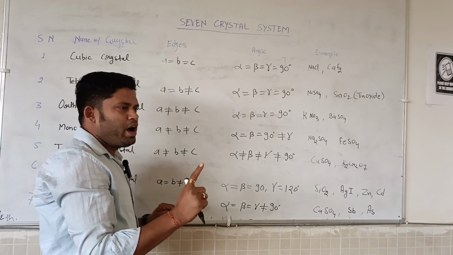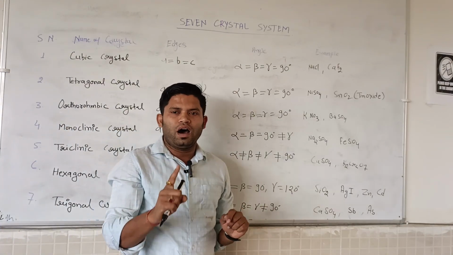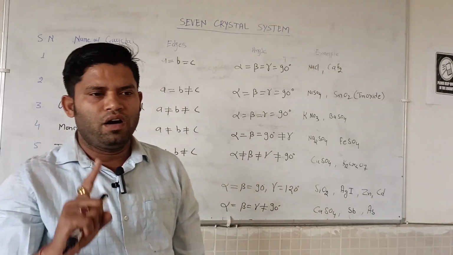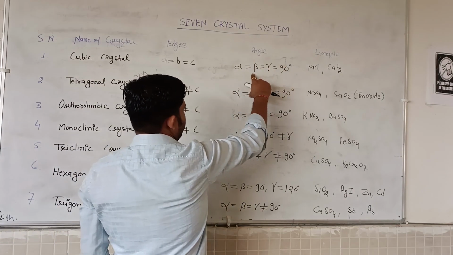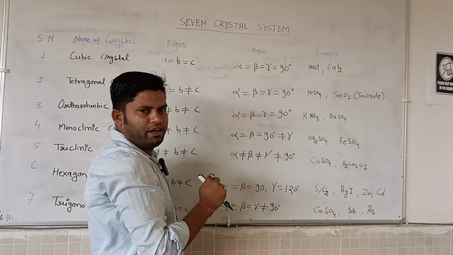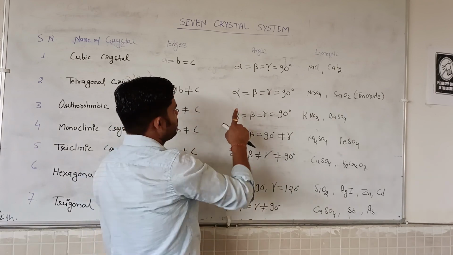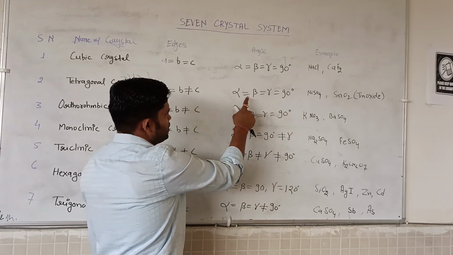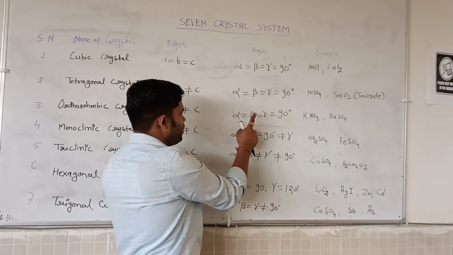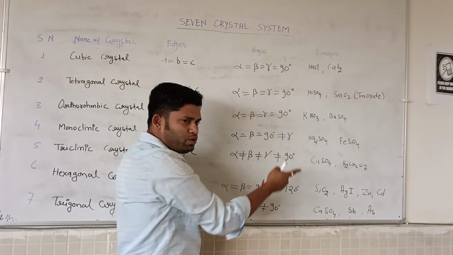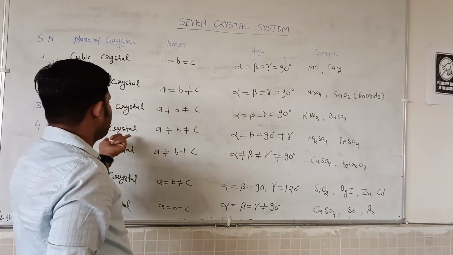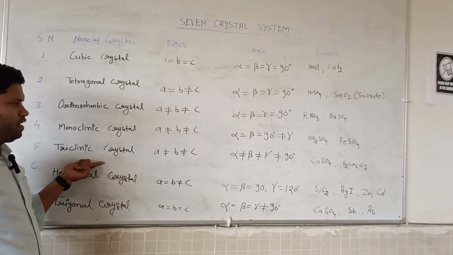That means alpha, beta, gamma are all 90 degrees. Alpha equals beta equals gamma equals 90 degrees. Three things are clear. Now come to the monoclinic and triclinic.